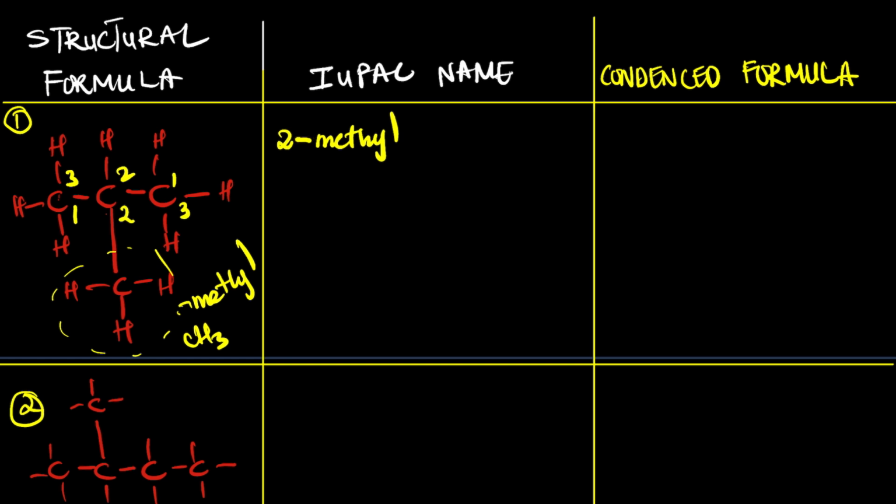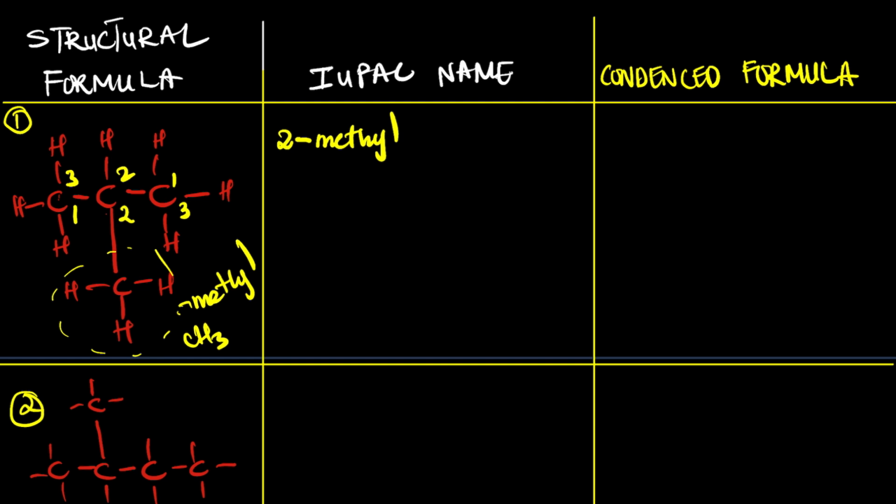This is stating the address. Where is the methyl? It's in carbon 2. We can count from any side, guys, because the branch is in the middle. It's not close to this side or that side, so it can be 1 or 2 from whichever side.